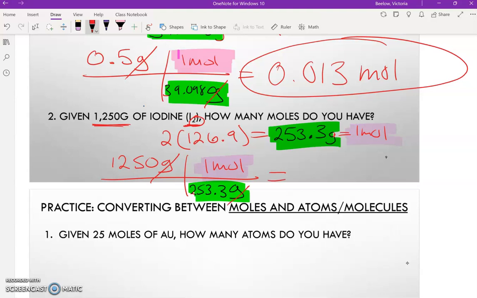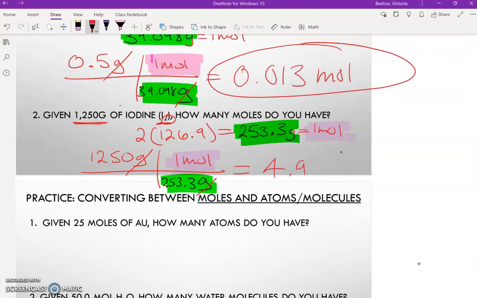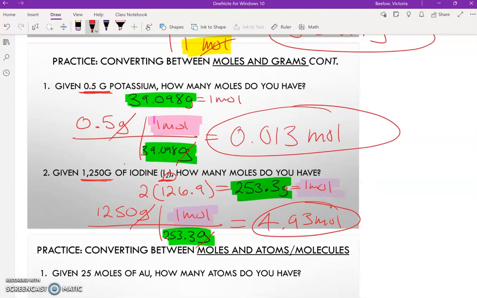Grams cancel. I'm just left with moles, which is what I wanted my answer in. So I'm going to do 1,250 times 1, which is 1,250 still, and divide it by the bottom, which is 253.8. So 4.93 moles would be your final answer.